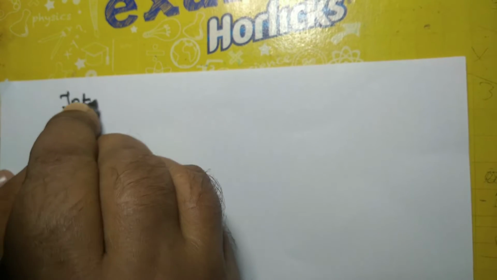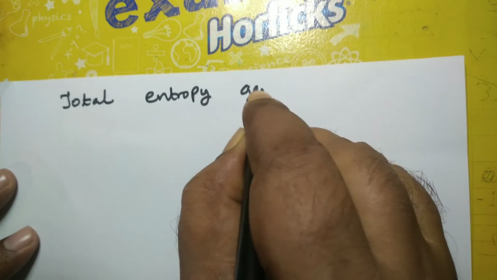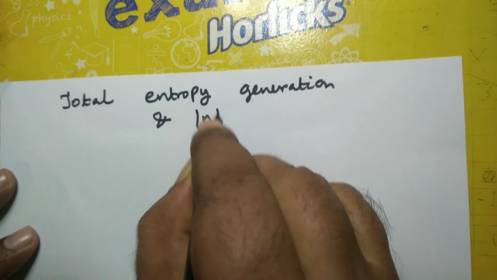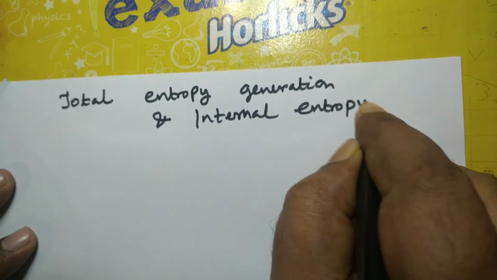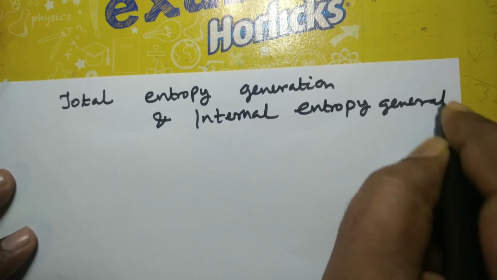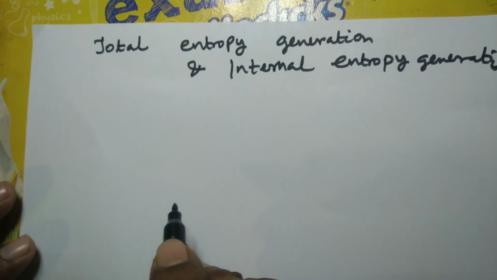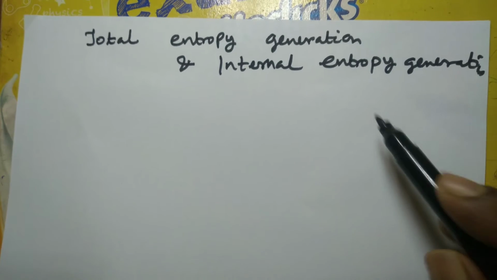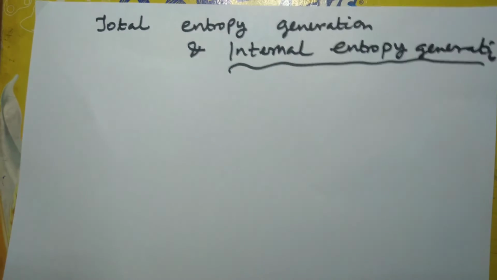There is a term called total entropy generation and internal entropy generation. There is some difference between these two terms. You see, suppose if we take the system only into account, whatever entropy is generated within it due to internal irreversibility, that is called internal entropy generation.